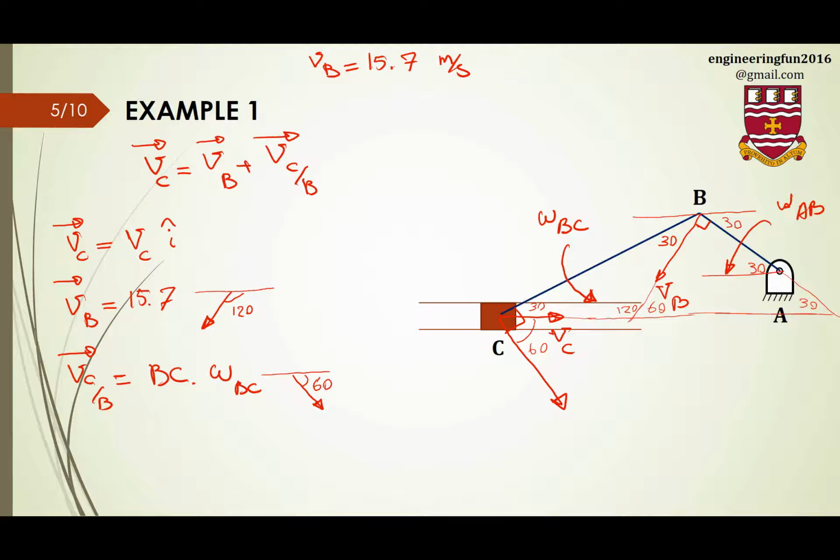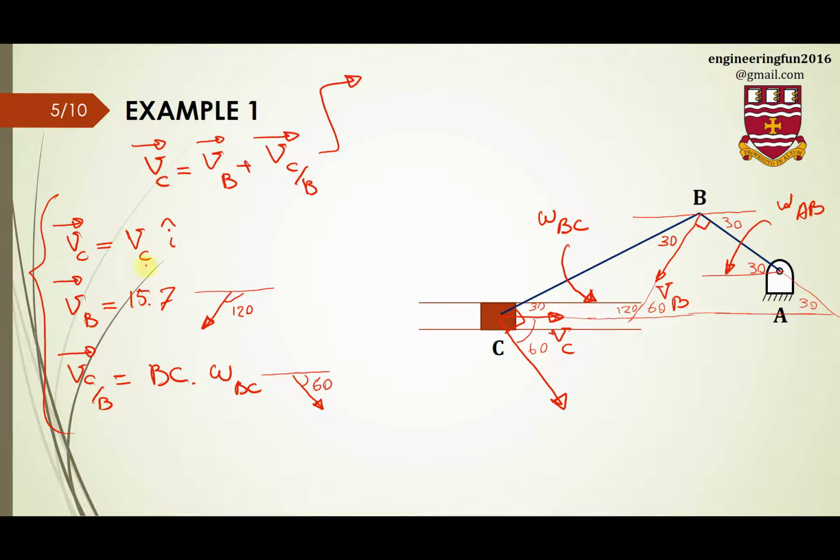Okay, once we got this information, we can just substitute these three vectors into our relative motion equation and find our unknowns. I'm gonna delete this one. I'm gonna substitute everything here.